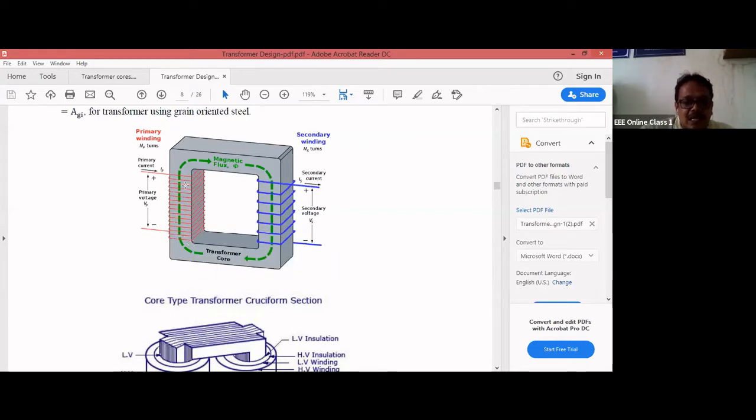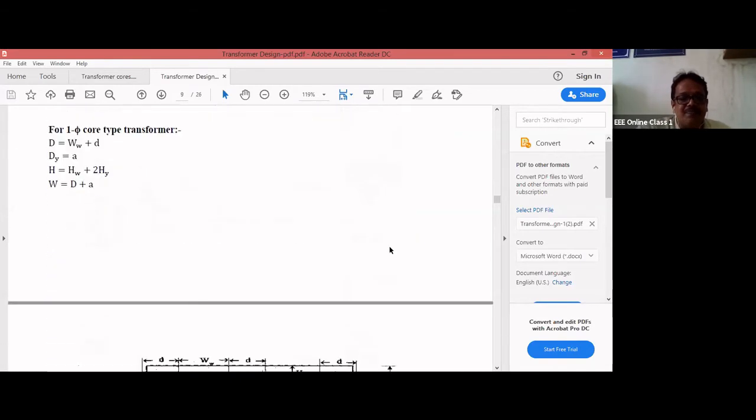Whether you wind the entire height of the window, or only 3/4, or only half. Once again, it depends upon the voltage rating. This represents the window area, and this represents your conductor area. So conductor area divided by window area will give the window space factor Kw. That's the thing.